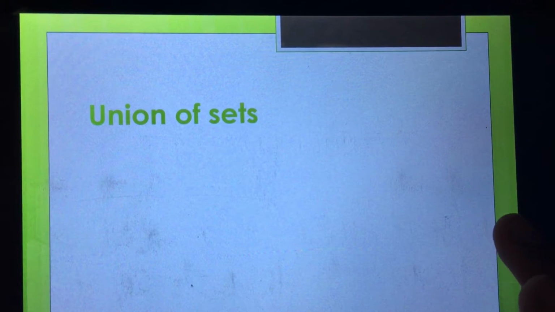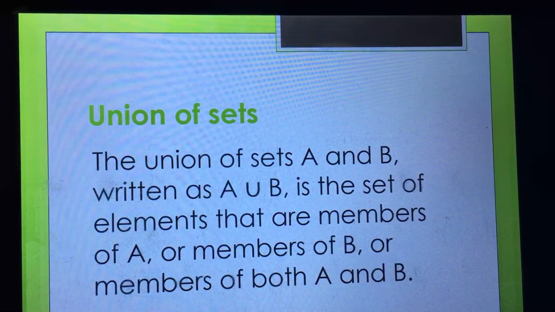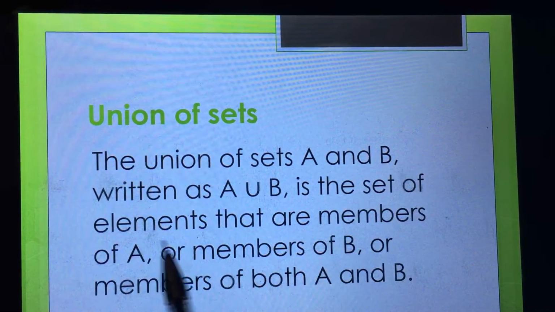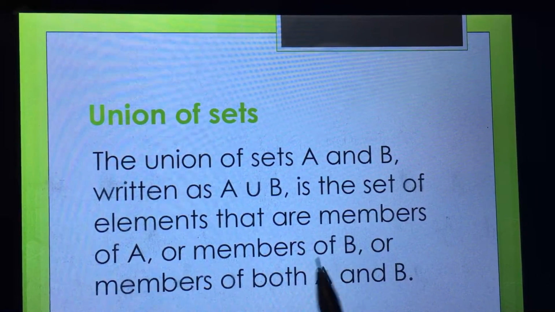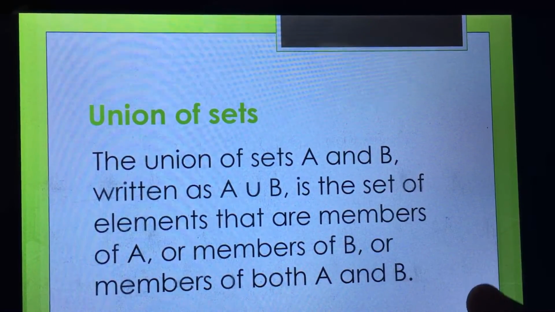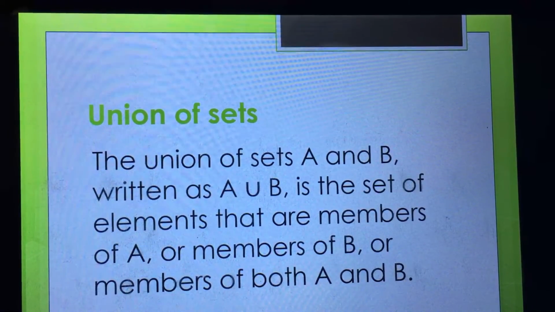The union of sets first. By definition, the union of sets A and B, written as A union B, is the set of elements that are members of A or members of B or members of both A and B. Again, when you say union, you are going to unite all the elements of the set.